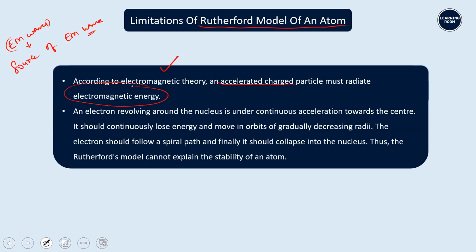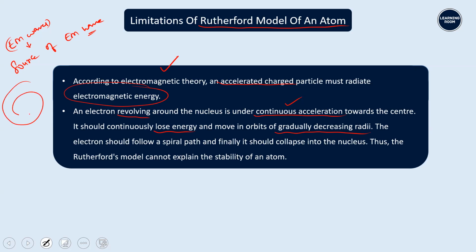Secondly, an electron revolving around the nucleus is under continuous acceleration toward the center because it is experiencing a force. So according to electromagnetic theory, what should have happened? This electron, which was continuously accelerating, should have lost energy and moved in orbits of gradually decreasing radius.